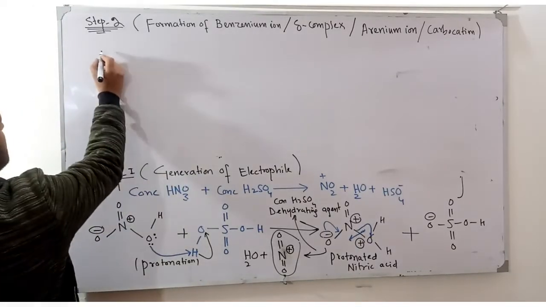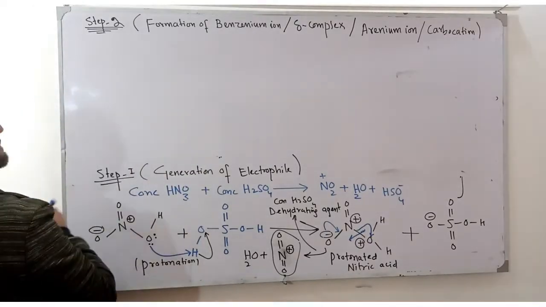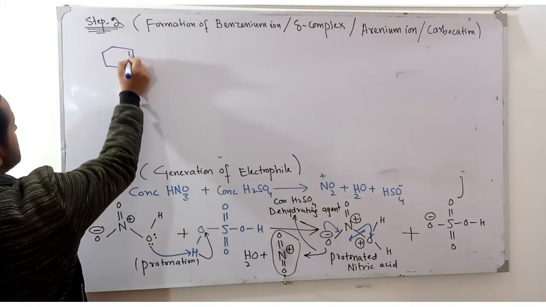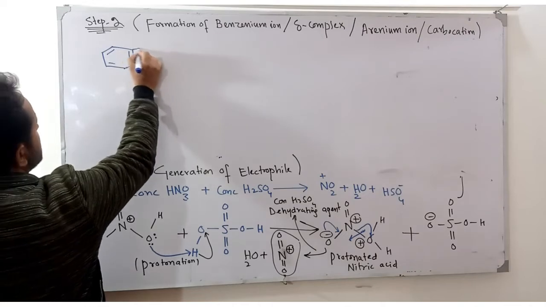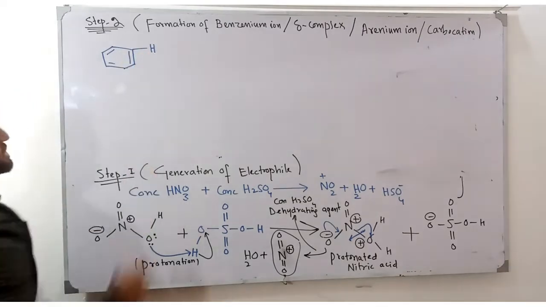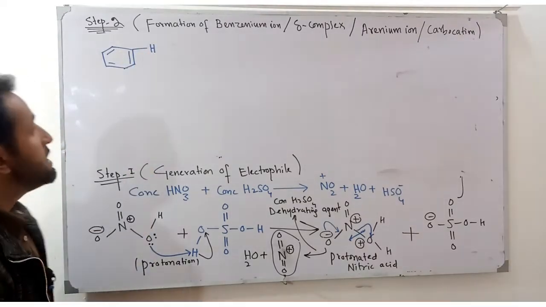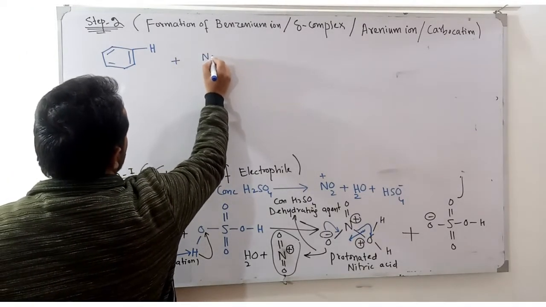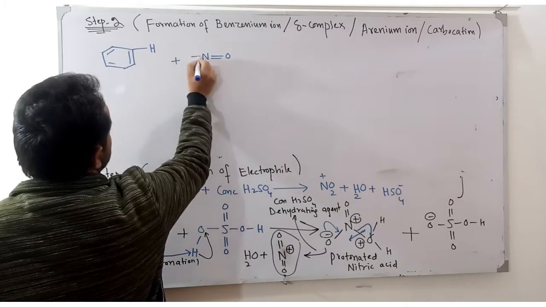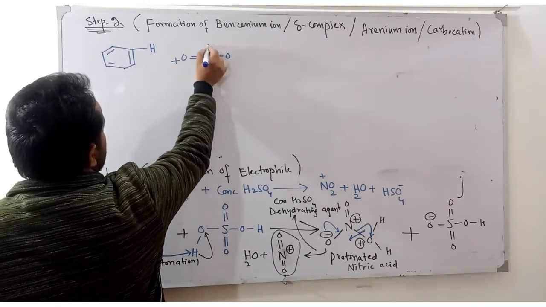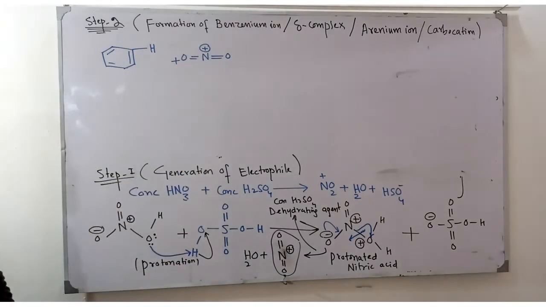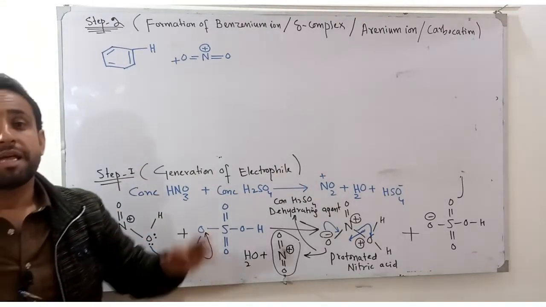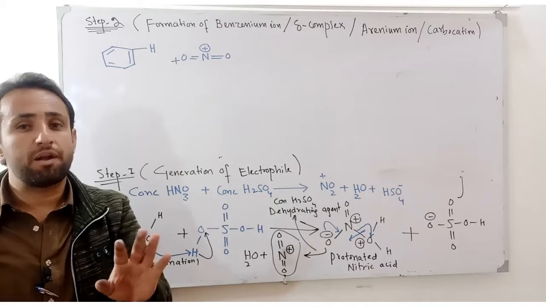You know, in step number 2, this is a benzene molecule. This is one of the hydrogen atoms of the benzene molecule. Now this is a nitro group, which is our electrophile. Since nitrogen contains a positive charge, it is electron deficient.